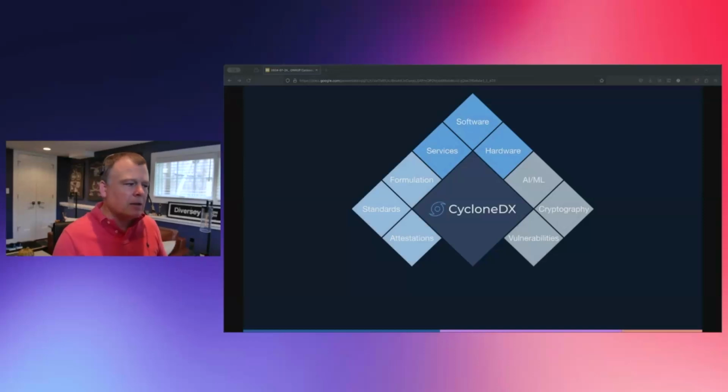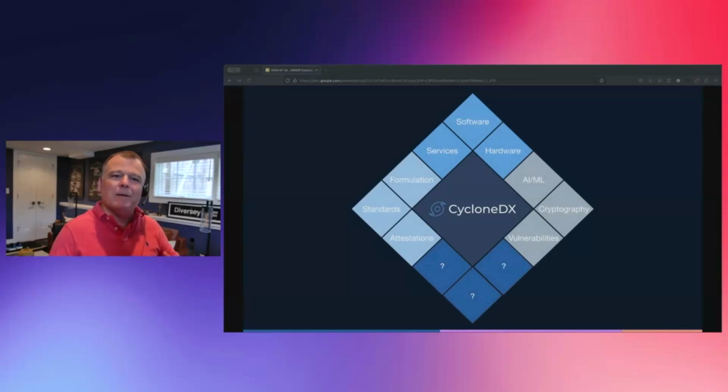While it started out as a bill of materials standard, it's rapidly evolving into a transparency expression language. In fact, there are some things that we're going to be working on in 1.7 that we're going to save toward the end that might be very beneficial to a lot of organizations.